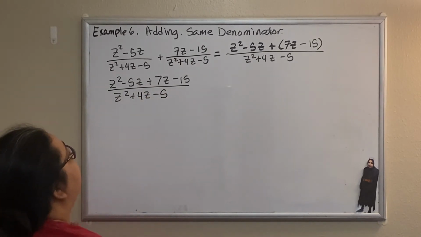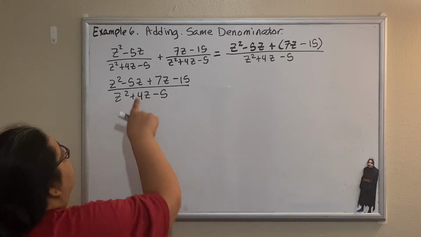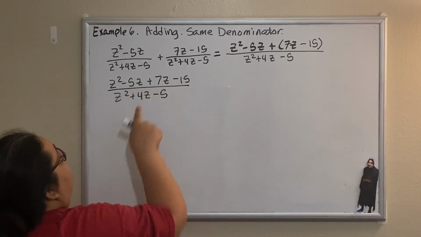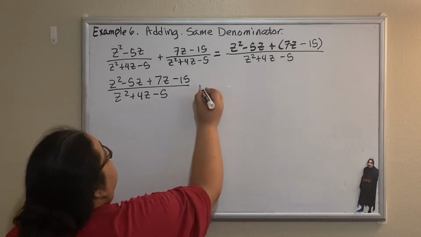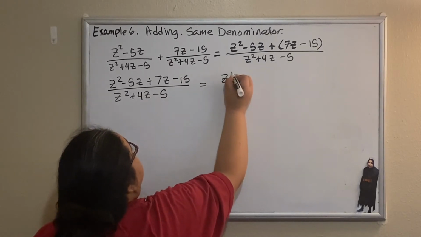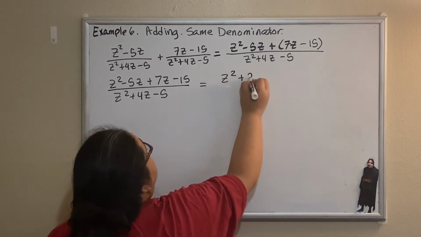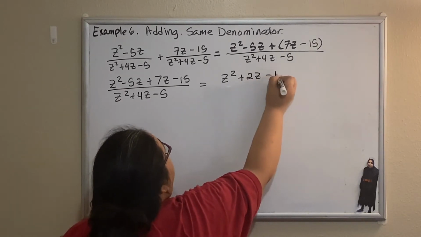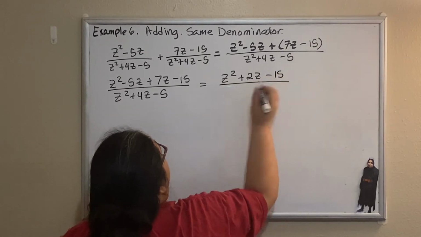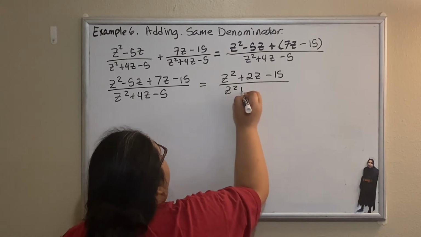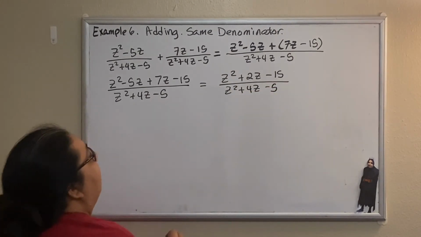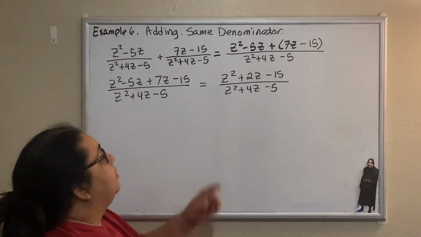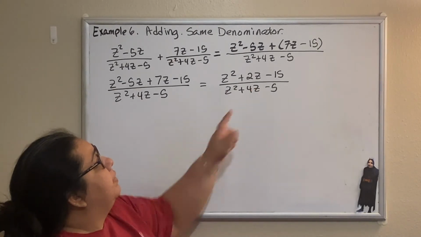And now I can combine like terms. So the negative 5z and the positive 7z combine to give me 2z. So then this simplifies as z squared plus 2z minus 15 over z squared plus 4z minus 5. And now I need to factor because I might need to reduce.